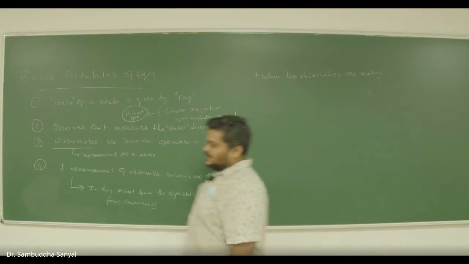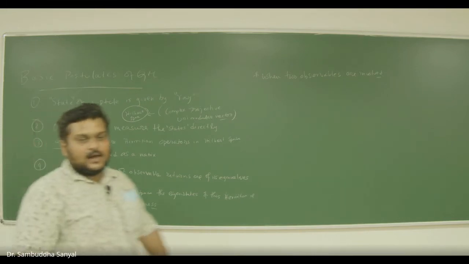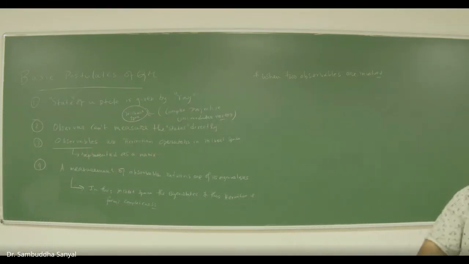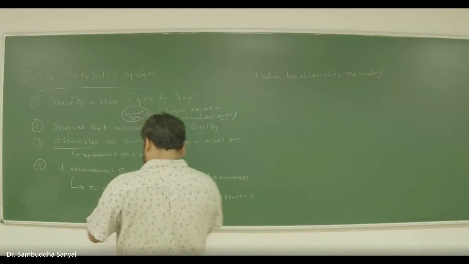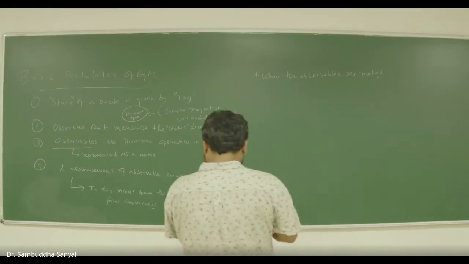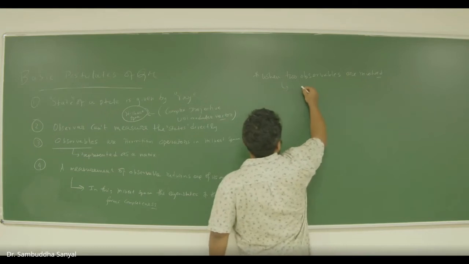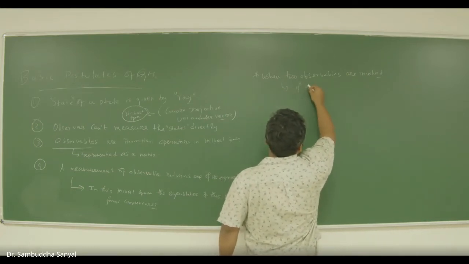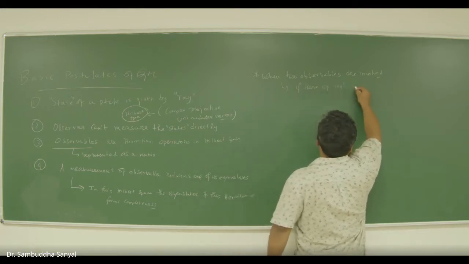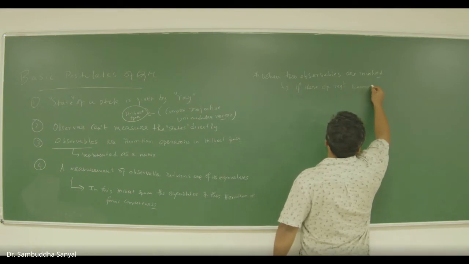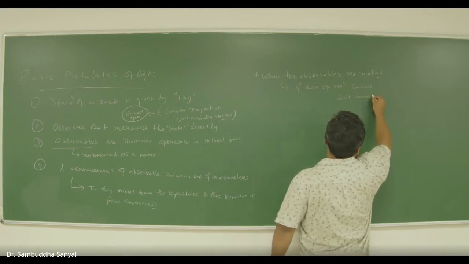Then we learned that something important happens, which is a consequence of these postulates: what you measure first and what you measure later affects a lot, and whether it affects a lot or not also becomes important. If their operator representations commute or don't commute, these two things are totally different.